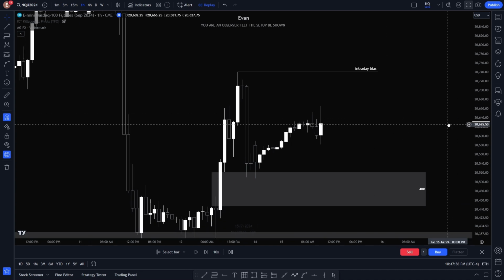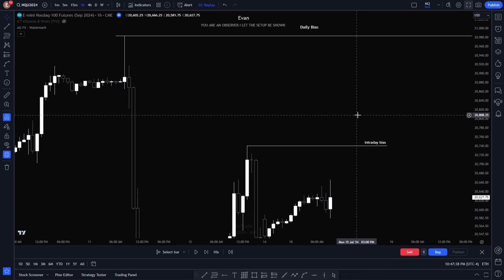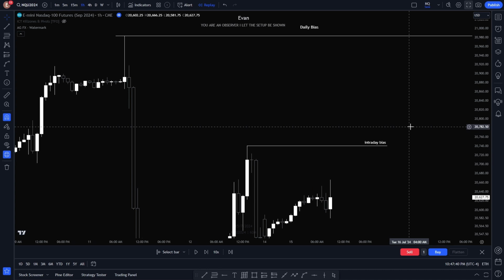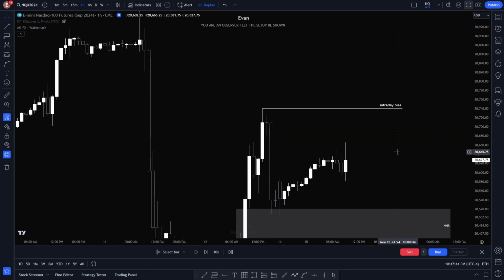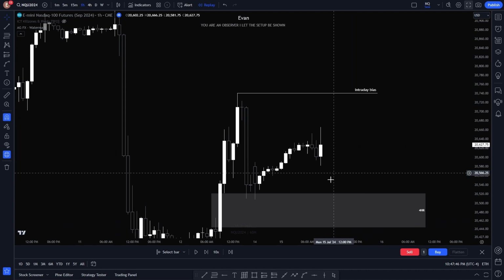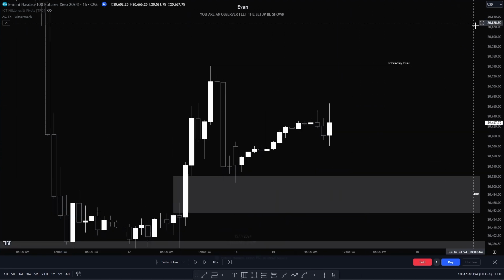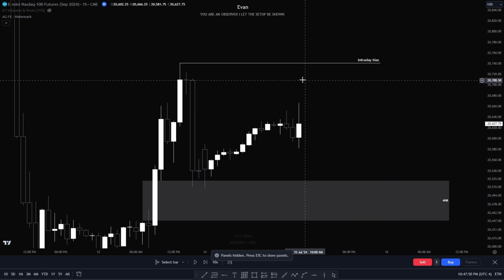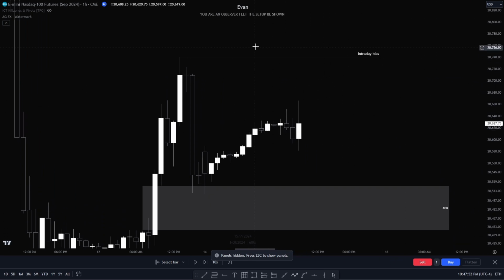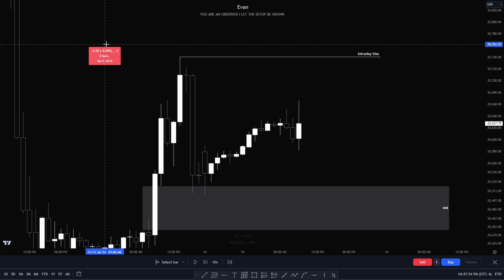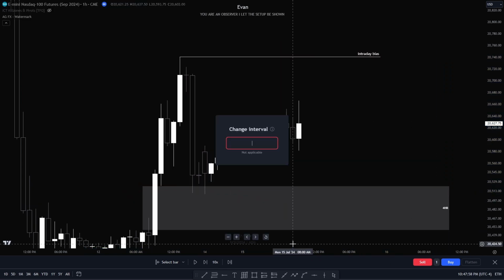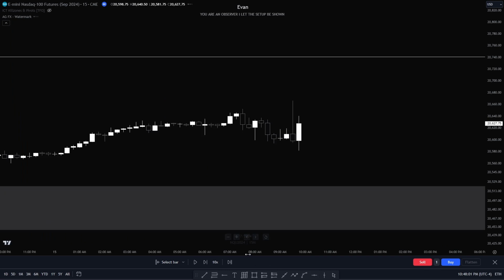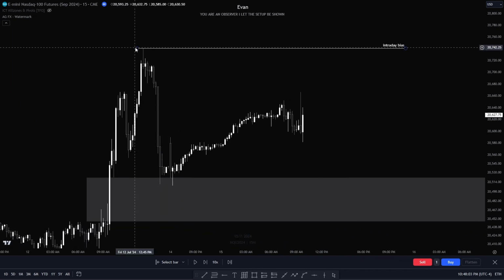Simply starting on the daily and 4-hour ranges, finding my draw on liquidity, finding my model, zooming in to the 1 hour here, and finding the swing highs and swing lows within the 1 hour, 15-minute range that align with my external bias and aiming towards there, right?